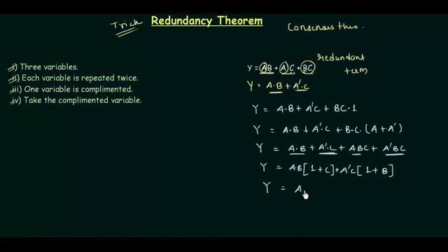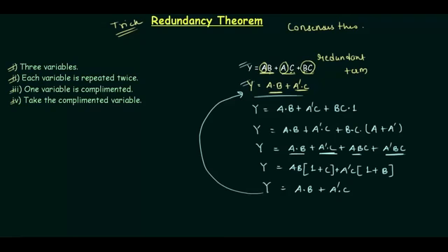So I have A and B, or A complement and C. This is what we got from the redundancy theorem, and you can also prove it like this. So this was our problem, and we can directly write the answer like this. We have to omit the term in which the complemented variable is not there. This is the proof. You can also prove it by using the truth table, that I will not do because it is easy and you can do it by yourself.